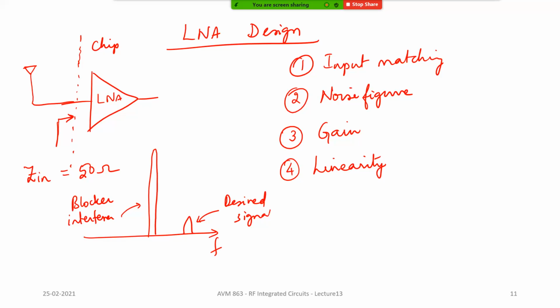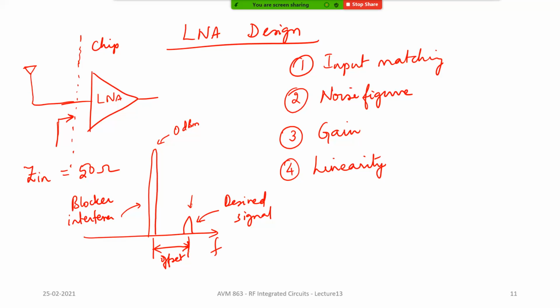What is usually required of the receiver or the LNA is that you should be able to detect this small signal even in the presence of large blockers. As I mentioned, for GSM, this blocker can be up to 0 dBm. And still you should be able to detect, I think, minus 90 dBm or minus 80 dBm. I don't remember the exact value, but something like this. Even though at a certain offset, they give a certain offset.